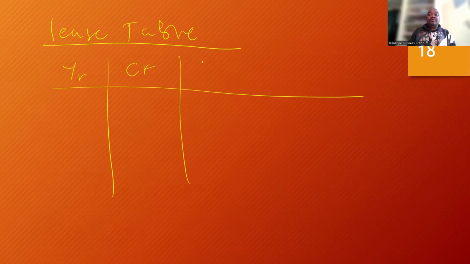After the cash flow, we talk of the rate, the coupon rate. So the interest charge, interest at what? At 5%.